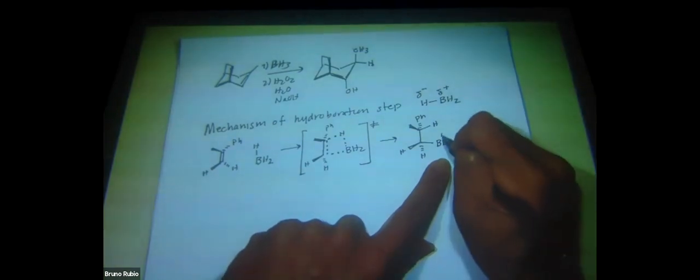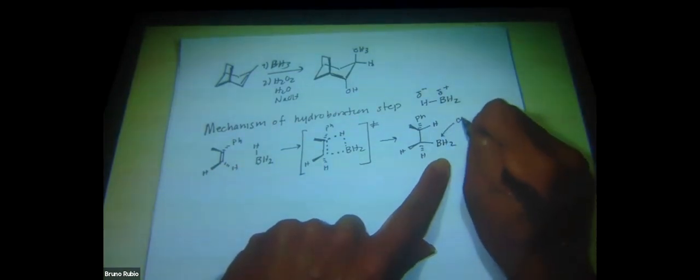Okay, so now this intermediate still has more hydrogen to deliver. It can deliver two more H's, because that boron atom still has two more H's. And so that's exactly what happens: this is now functioning as a hydride transfer agent.